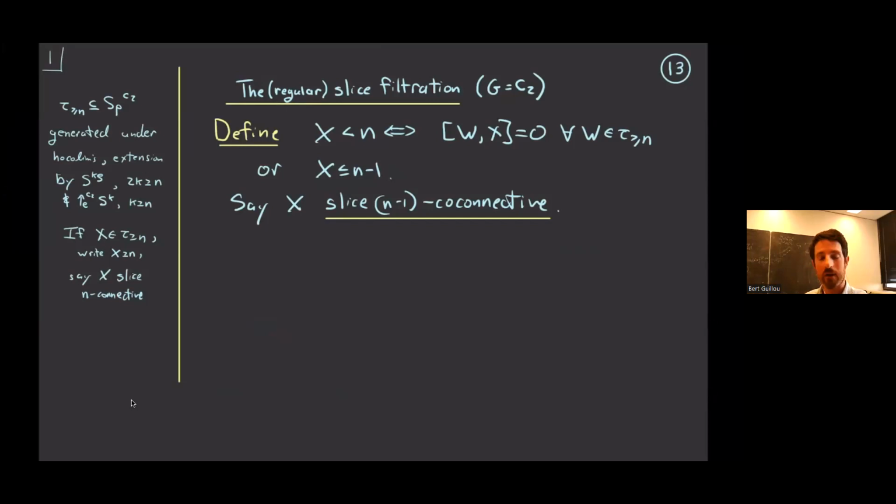We use that same definition here. If we have a W which is at least N in our new sense, and we don't have any maps from such W's into X, then we'll say X is less than N.